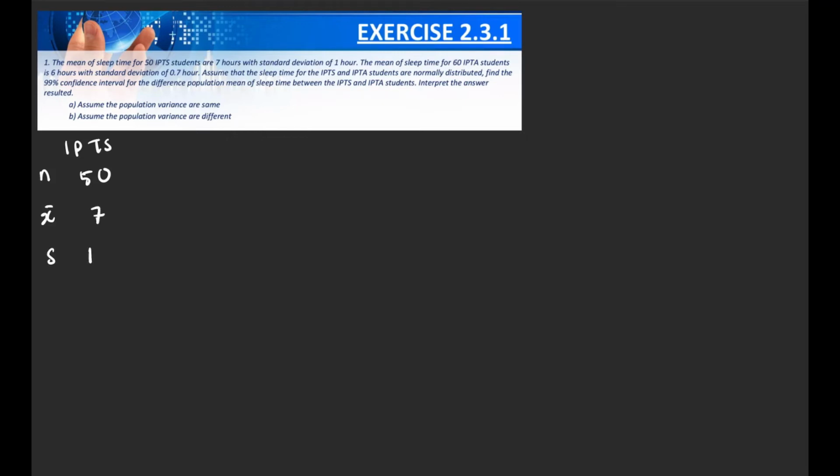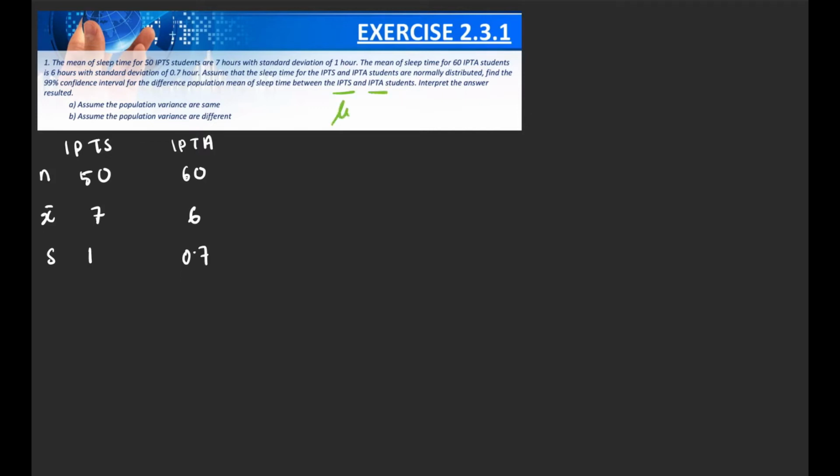The mean of sleep time for 60 IPTA students is 6 hours, and standard deviation is 0.7 hour. Assume that the sleep time for IPTS and IPTA are normally distributed. Find the confidence interval for the difference in population mean sleep time between IPTS and IPTA.